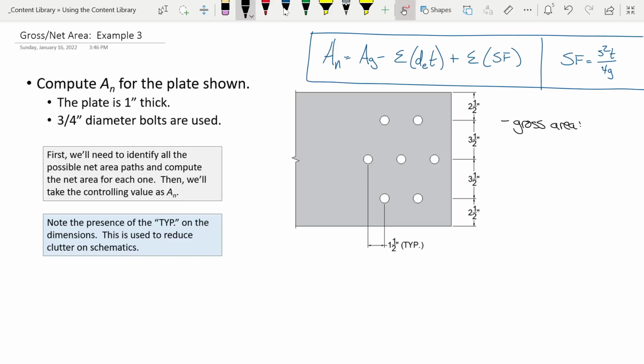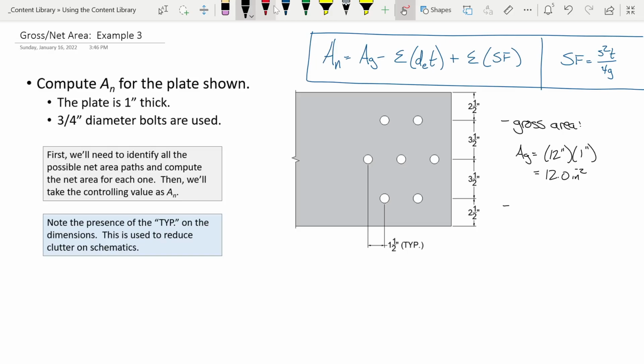What is the gross area for this plate? 12 inches squared. That's exactly right. That's not too bad, is it? Okay.